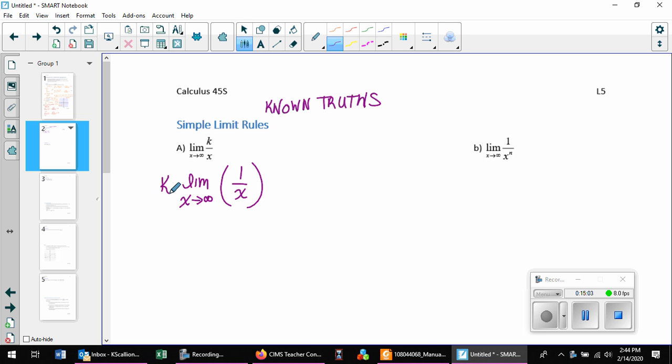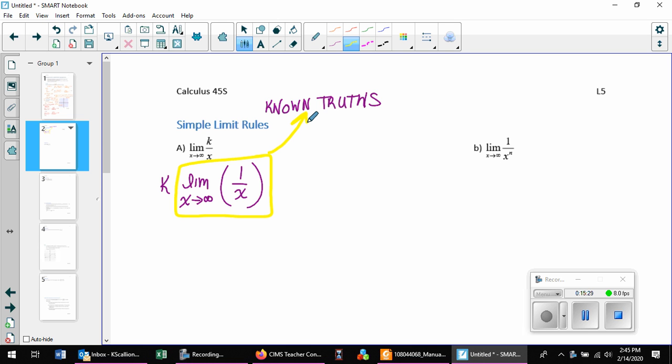Yeah. This is your known truth. This here is your known truth. You've already figured that out. What do we know the limit as x is approaching infinity of 1 over x? You know, when we did transformations, you started with this graph. This was your perfect graph, and then you added stuff to it to move it, shift it, stretch it, right?